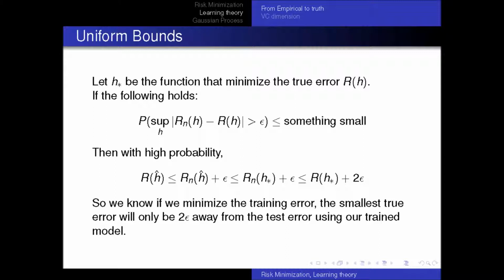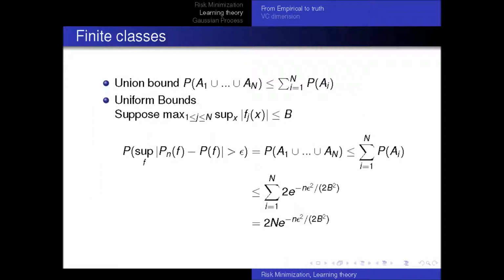And this one, because h star, we assume, minimizes the test error, it's the smallest test error we can ever get. So it's going to be just 2 epsilon away from the smallest true test error. So we can guarantee that if we do some training procedure and get an estimated h hat, it's going to do well on the test data.